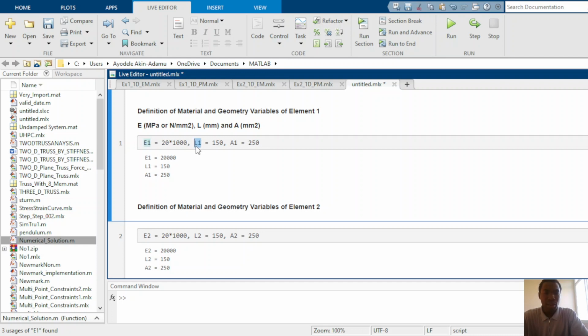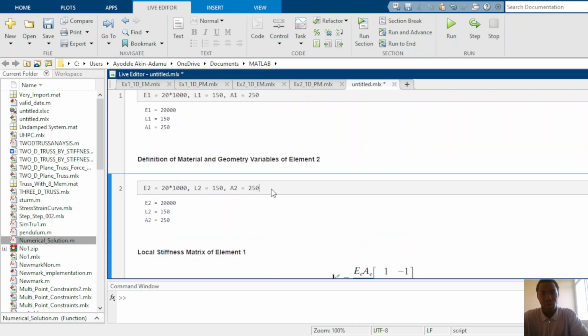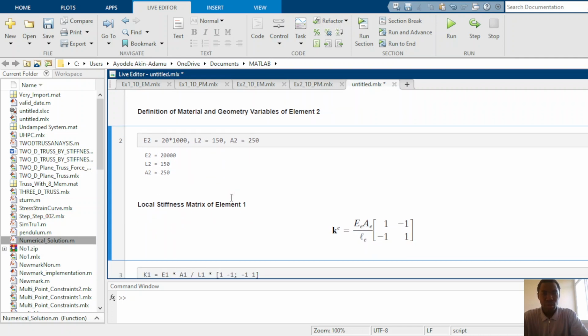L1 is the length of finite element 1. A1 is the cross-sectional area of finite element 1. So I enter the values for these three parameters, and the values are stored in the Matlab working environment. I do the same thing for the second element: E2, L2, A2.